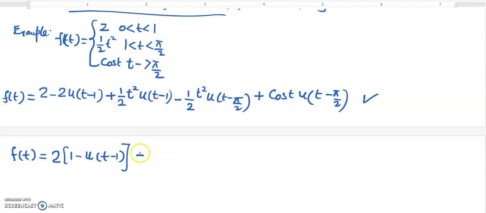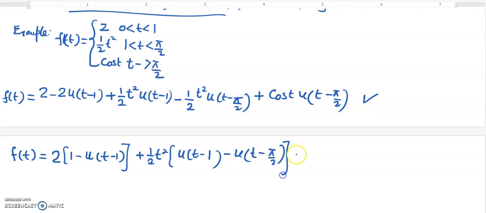And for the second component, 1 by 2 t square, the terms are u of t minus 1 minus u of t minus pi by 2, and then cosine of t times u of t minus pi by 2.